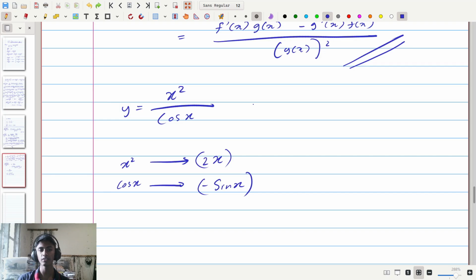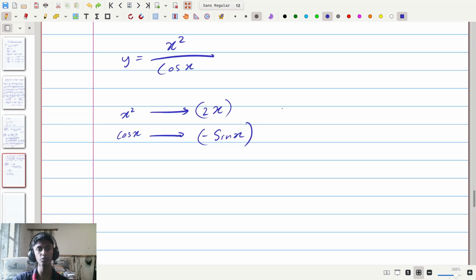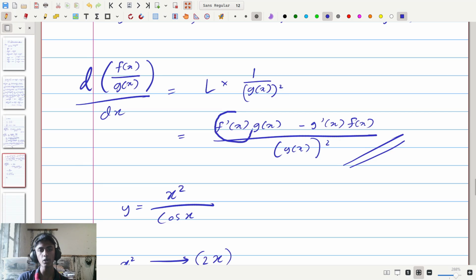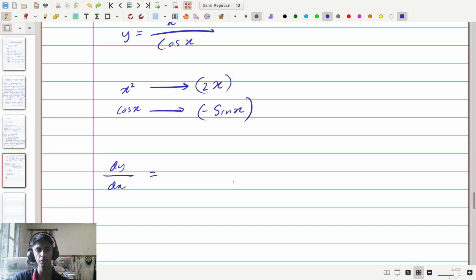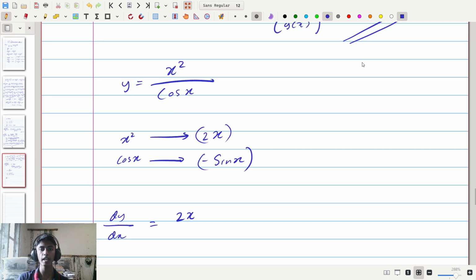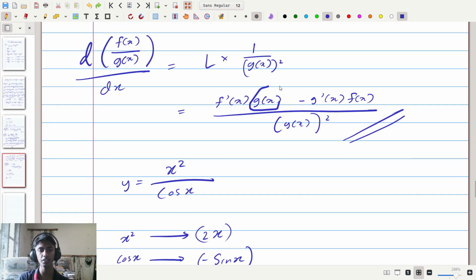What we have is that the derivative of this rational function here, x squared divided by cosine of x, as in dy by dx, is going to be equal to the derivative of the first function, which in this case is 2x. So here we have 2x times the original function g(x), which in this case is cosine of x.